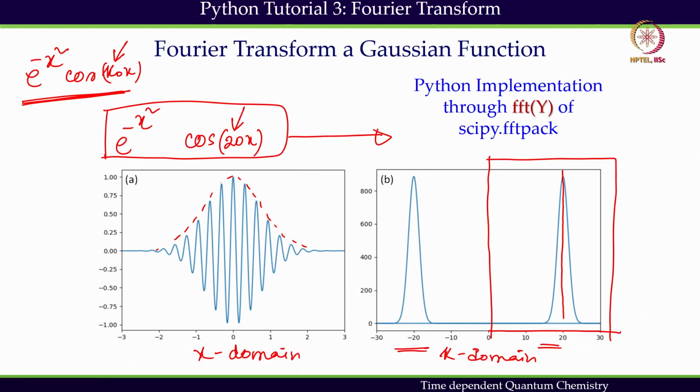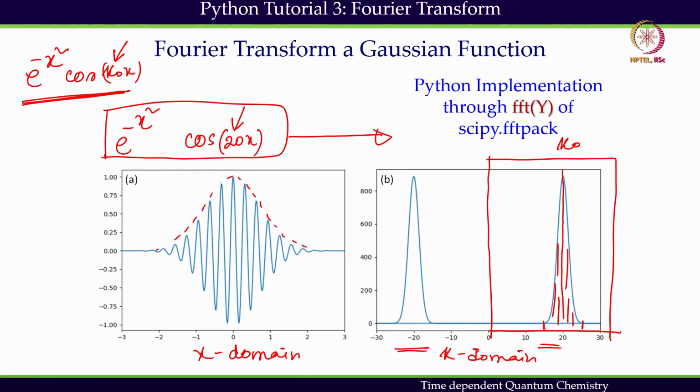So, the frequency components are distributed around this k naught. Around this k naught, all these spatial frequency components are available. That is the way we have understood the Gaussian wave packet before, and that is represented here.